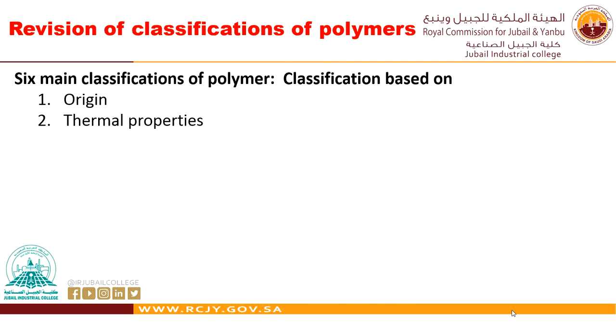And the other subclassification is called thermosets. Thermosets are polymers that do not melt but decompose when heated. It's just like when you apply fire on a paper, it does not melt, it decomposes. Polymers that behave that way are called thermosets.